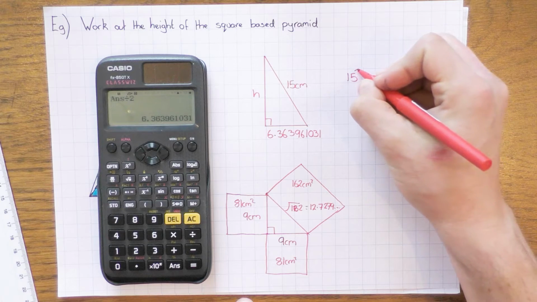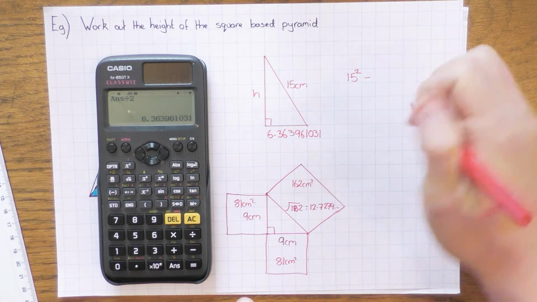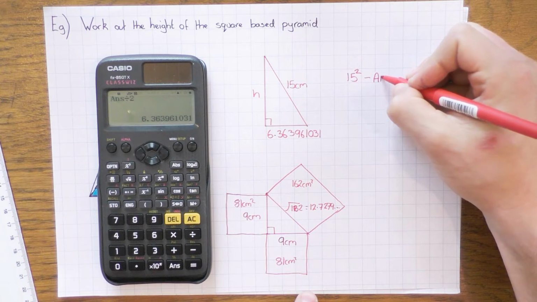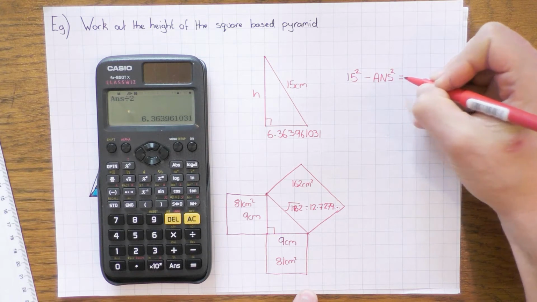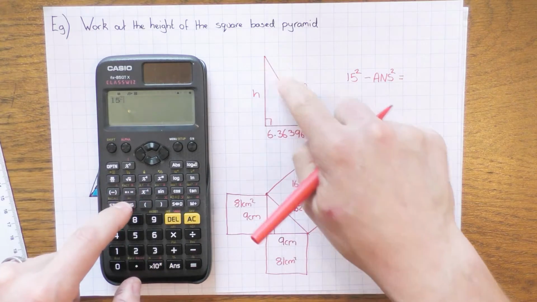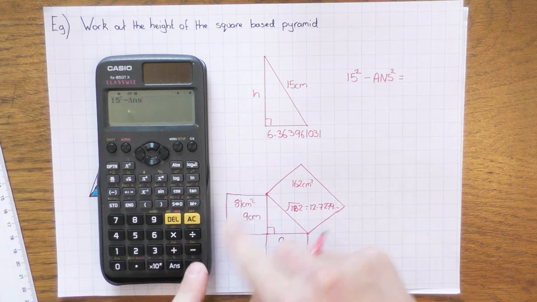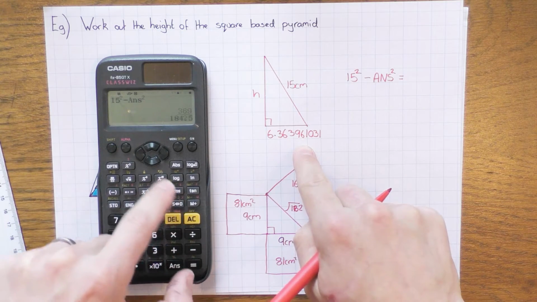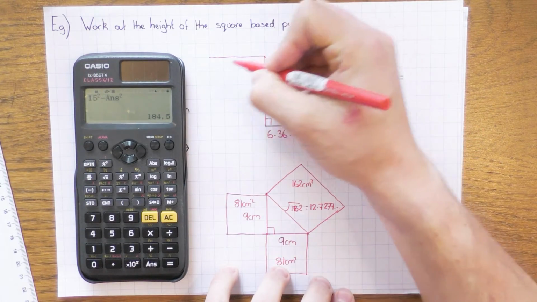So I'm going to do 15 squared, take away this squared, but because I've already got it on my calculator, what I can do is use the answer button, squared, and get an answer. So let's type that in. So 15 squared, minus my previous answer squared, and that equals the area of this one here.